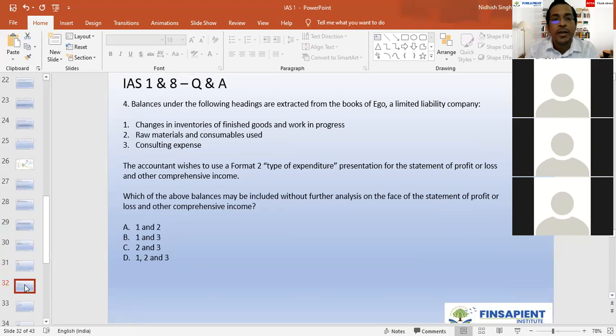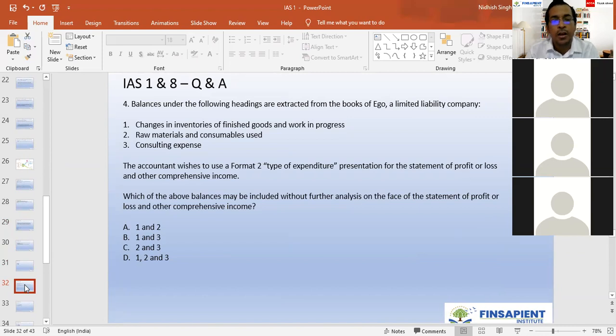Balances under the following headings are extracted from the books of EVO, a limited liability company. It's saying the accountant wishes to use a format 2 type of expenditure. Do you remember what format 2 type of expenditure is? Nature and function. Yes, function wise.